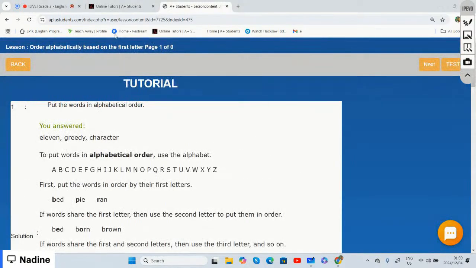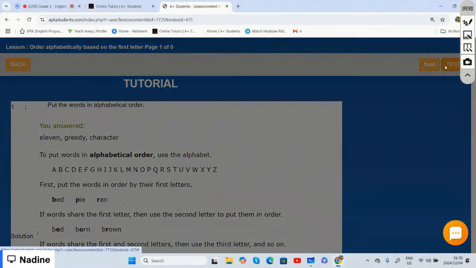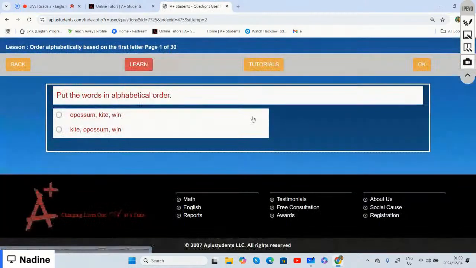where we are going to order alphabetically based on the first letter. So we need to order it in alphabetical order based on the first letter. So put the words in alphabetical order, option one or option two.